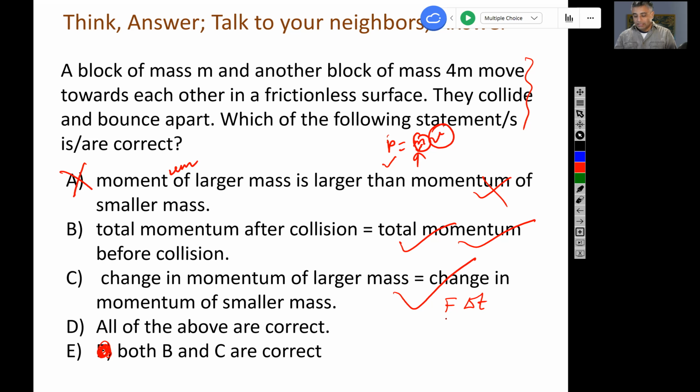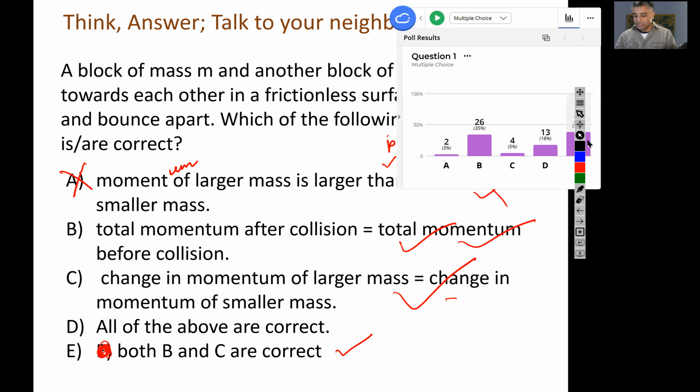In a collision, force is the same and time interval is the same, so change in momentum has to be the same. So this is correct as well. So B and C correct means, in this case, the best choice is E. So E is the best choice, folks.